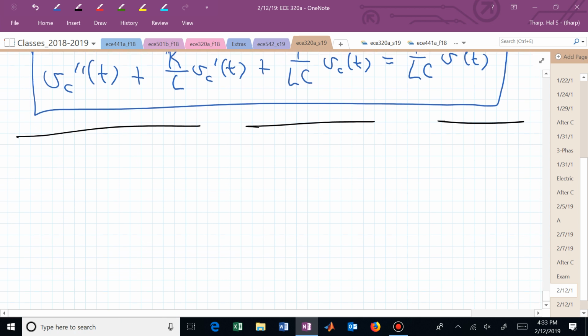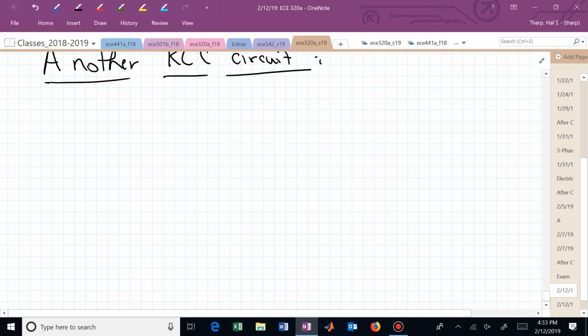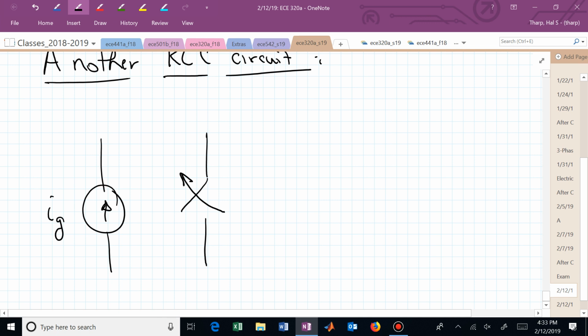Let's now look at another RLC circuit. Suppose now we have a current source, I sub G, and we actually have a switch. And suppose that we throw this switch open at t equals 0.